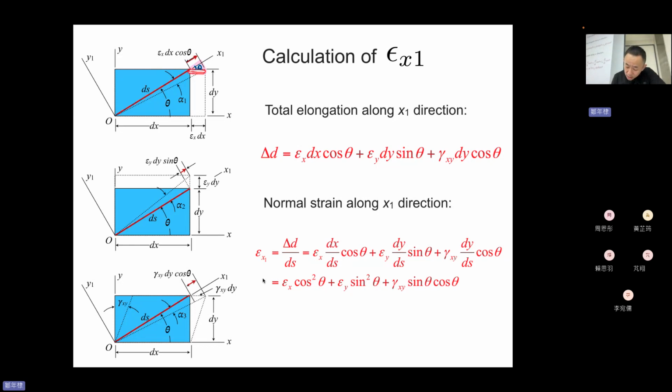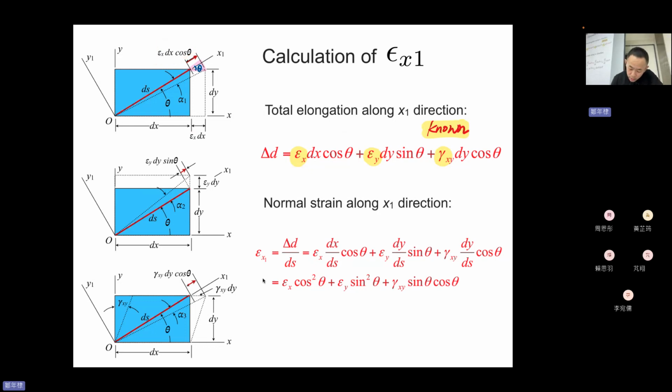So this length times cosine theta will be the red arrow. So this is the first one. Oh, sorry, I should mention that epsilon x, epsilon y, and gamma xy are known. We know the values. So dx is okay. And this first one is this one, no problem.